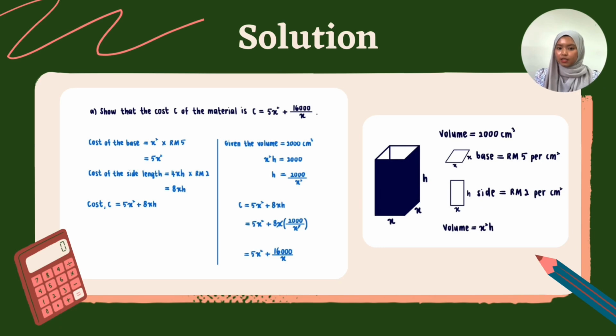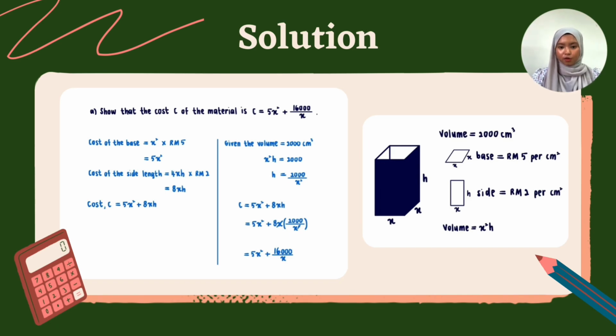The cost of the base is calculated using the area of the base, which is x squared multiplied by Rm 5 ringgit, and the cost of the base would be 5x squared. And the cost of the sides is calculated using the area of the sides, which is 4xh multiplied by Rm 2 ringgit. And the cost of the sides would be 8xh. So the equation would be cost equal to 5x squared plus 8xh.